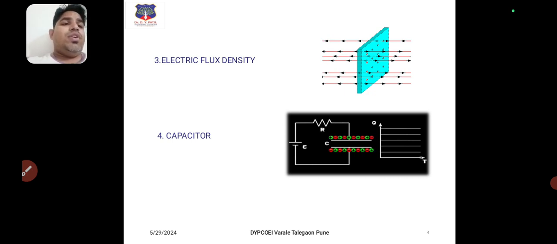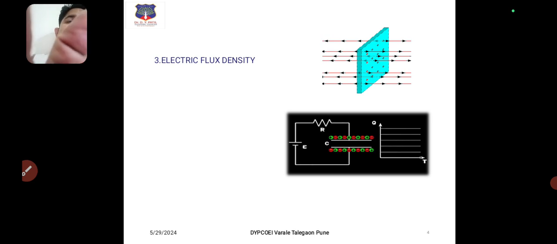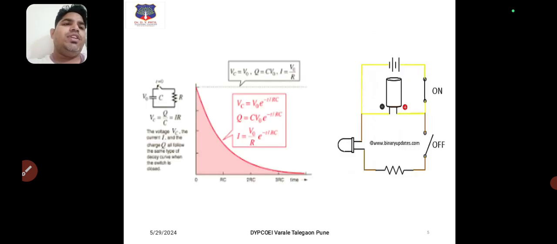You can see here that a supply is fed to the capacitor through a resistor. Charge will be stored in the capacitor, and after the peak point, it will discharge. How it happens, we will see here.